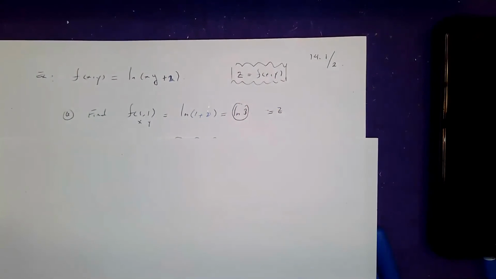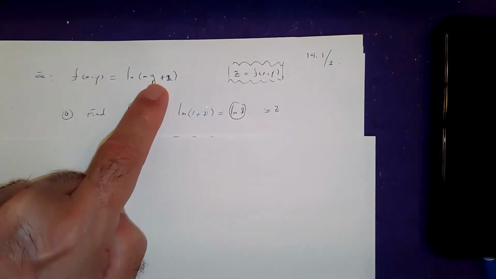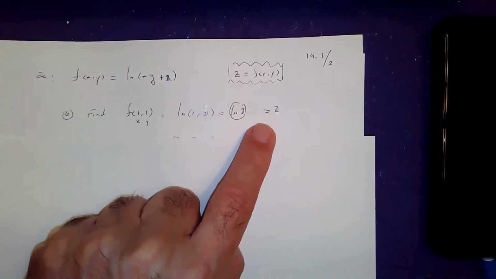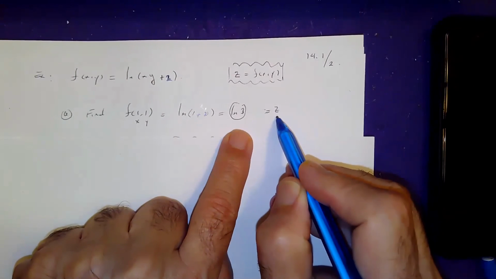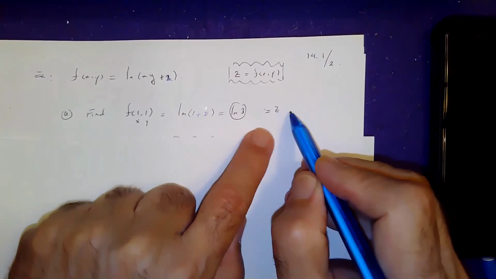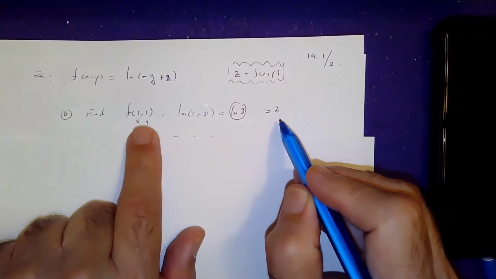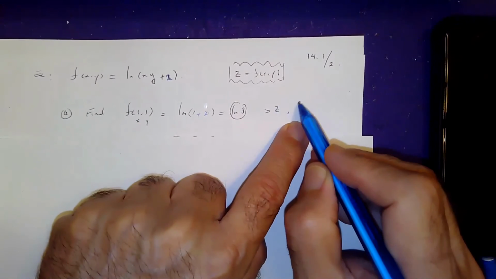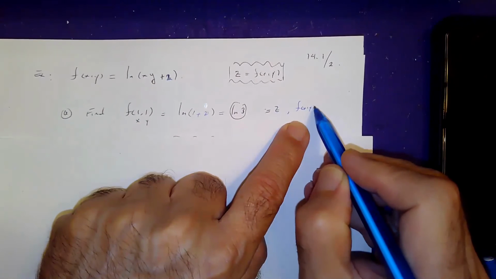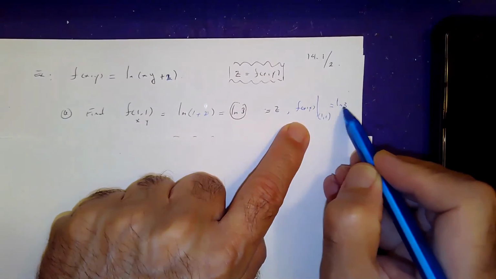So notice I took an ordered pair and substituted for x and y, and lo and behold, I got the real number, which is the value of z. Sometimes you say f of 1, 1 is natural log of 3. Sometimes you say f of x y evaluated at 1, 1 is equal to natural log of 3.